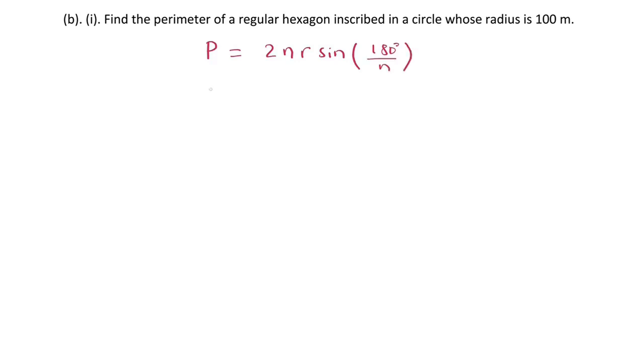For the hexagon, n equals 6, and we have been given radius equals 100 meters. Let us substitute these values into our formula.